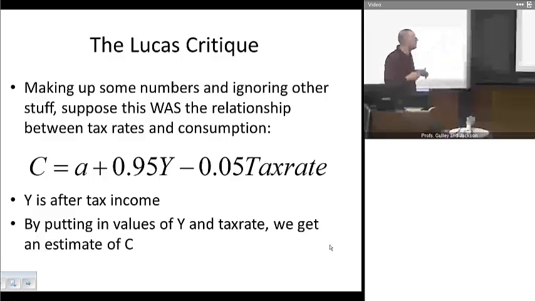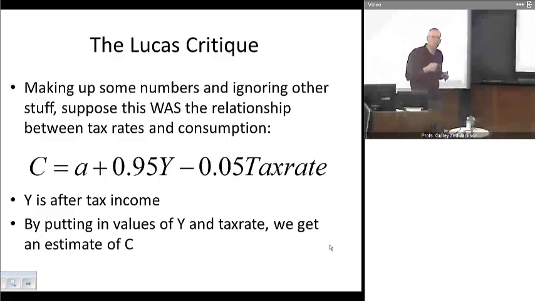And so the setup would be that increases in income, other things equal, would affect consumption in a positive manner, and that other things equal, an increase in the tax rate would tend to reduce consumption. And so if we're interested in getting an estimate of how consumption changes, we would simply plug in a new tax rate, multiply it by minus 0.05, and we'd observe the predicted change in consumption. So again, it seems really straightforward.